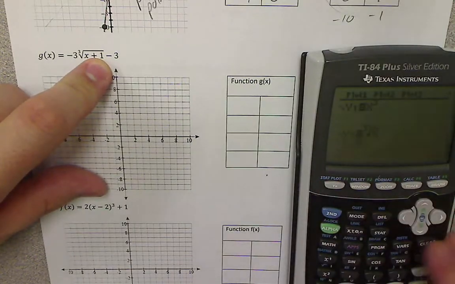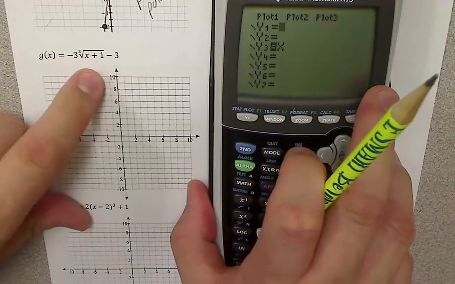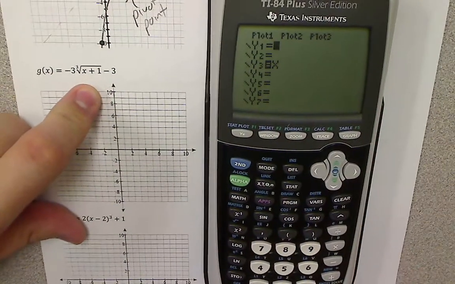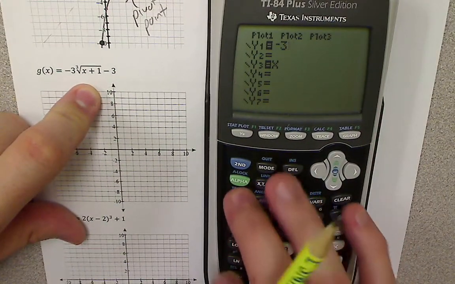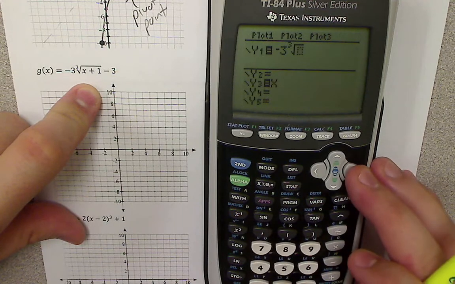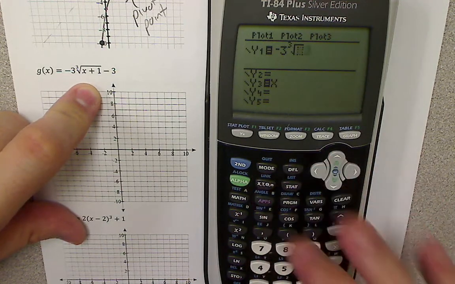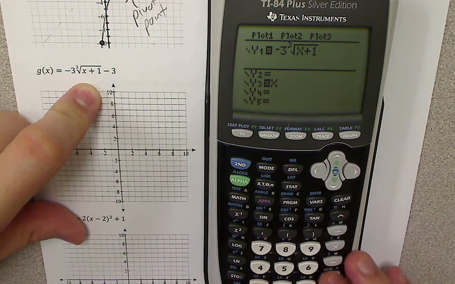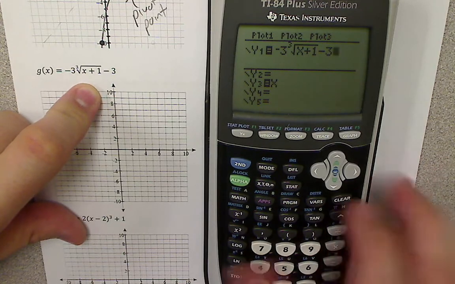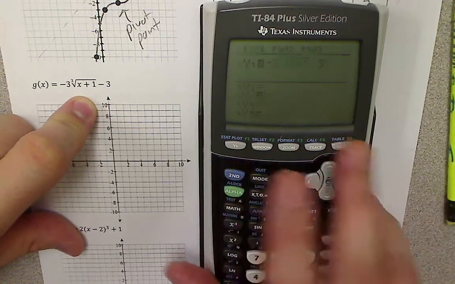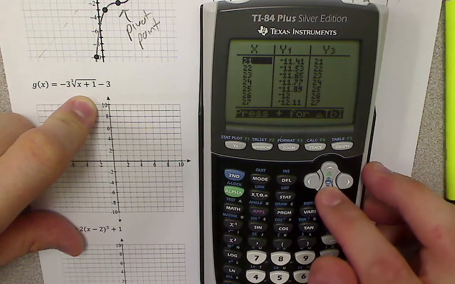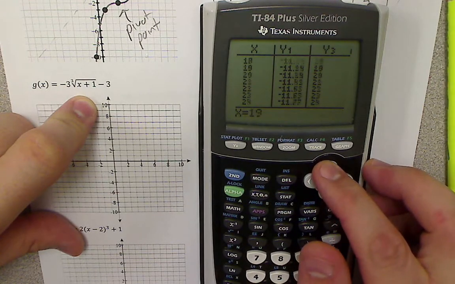Calculate. So again, if I want to take this, I plug it in: cube root of x plus 1, minus 3. And I go to my table again. Let me get some small, nice numbers here to work with.